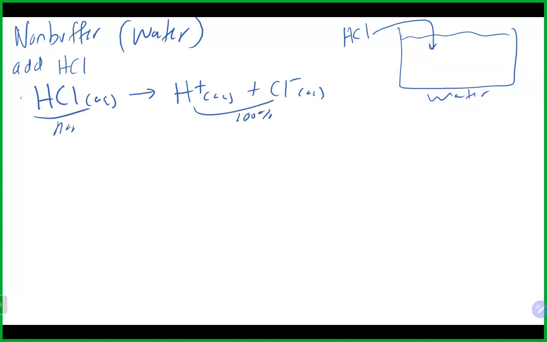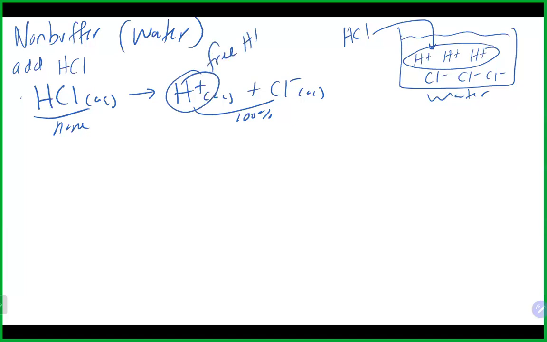You'll have none of these still together. And what's going to happen is this thing is just going to break apart into a bunch of H pluses and Cl minuses. Now, the important thing that we see at this point is what we just did to this solution is we just added a ton of free H plus to that solution.